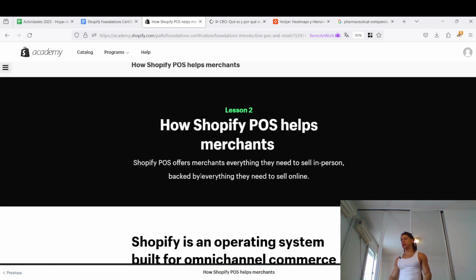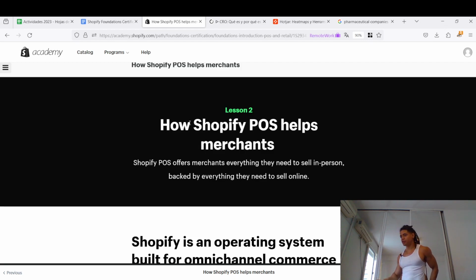How Shopify POS helps merchants. Exactly.